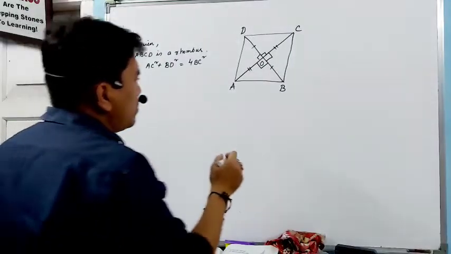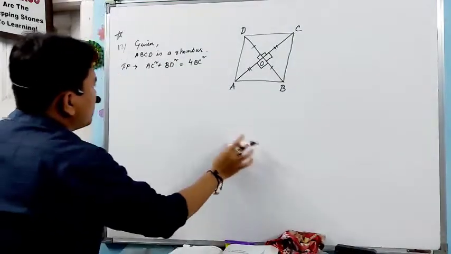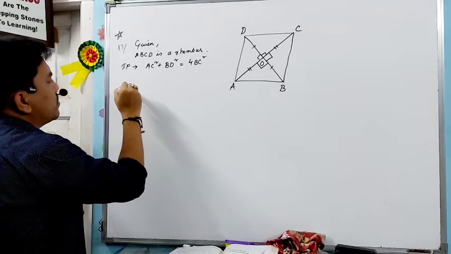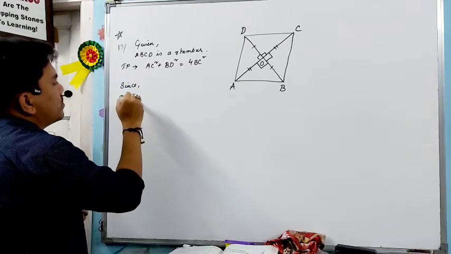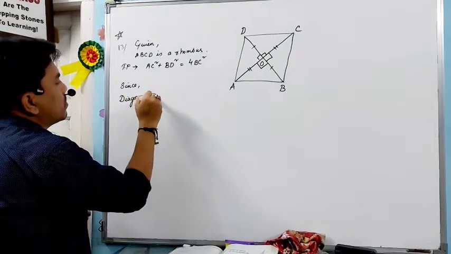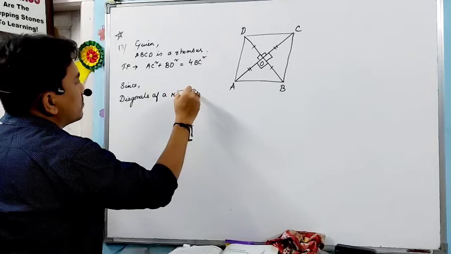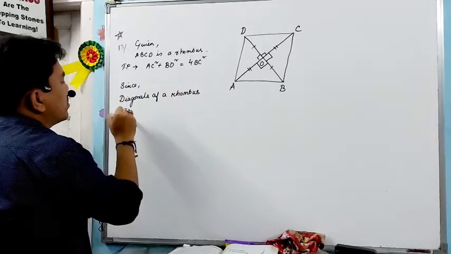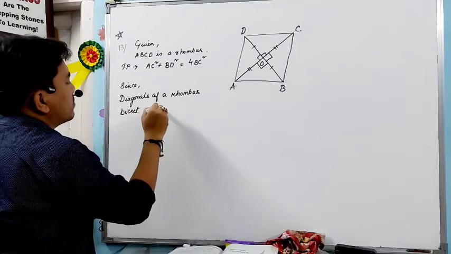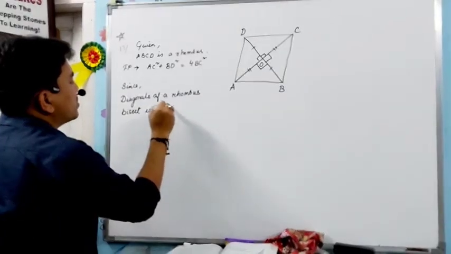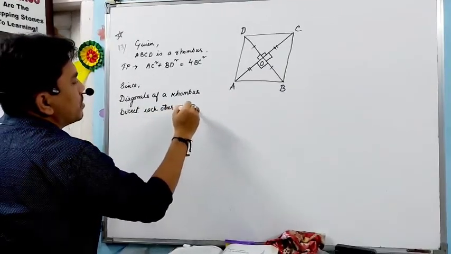Okay. So we have to write here, since diagonals of a rhombus bisect each other perpendicularly.